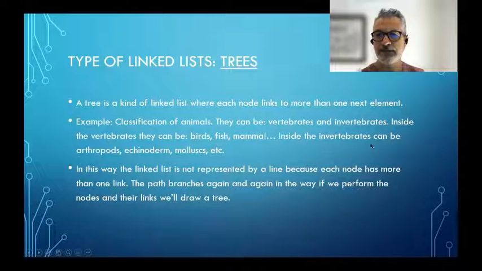Inside the invertebrates can be arthropods, echinoderms, mollusks, etc. Every classification is split into more classifications, and so on, again and again. In this way, the linked list is not represented by a line because each node has more than one link. The path branches again and again, and if we draw the nodes and the links, we'll draw a tree. Okay, let's see a drawing example.